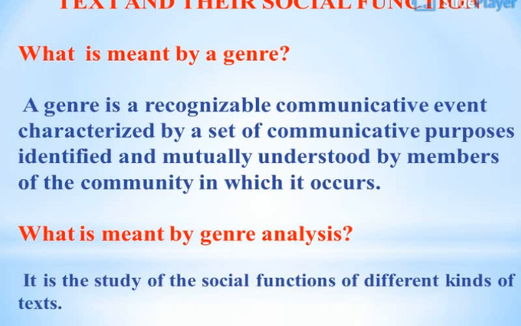What is meant by a genre? A genre is a recognizable communicative event characterized by a set of communicative purposes identified and mutually understood by members of the community in which it occurs. What is meant by genre analysis? It is the study of the social functions of different kinds of texts.